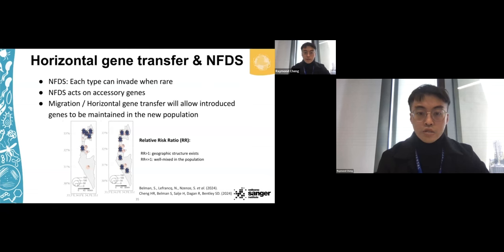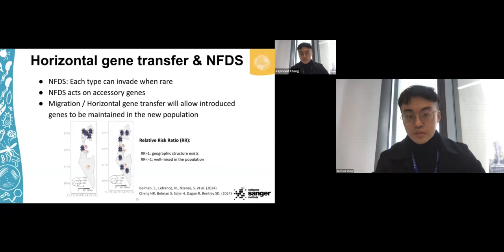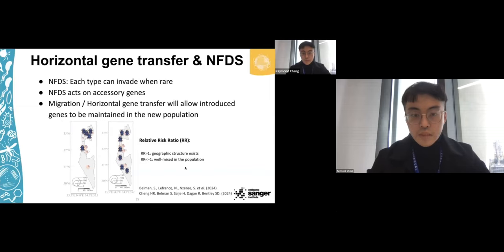So if we can quantify the rate that genes transfer from one population to another population and combine it with NFDS, we can get a more accurate dynamic of how gene frequency fluctuates. And there's a framework that allows us to estimate the spread of the gene.